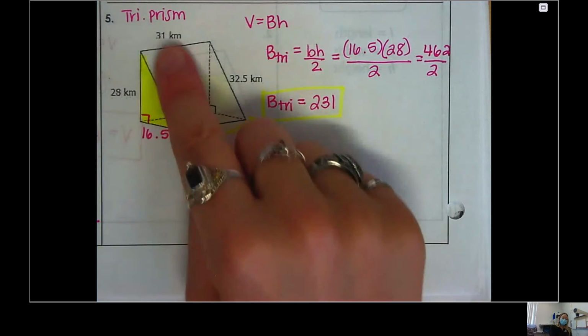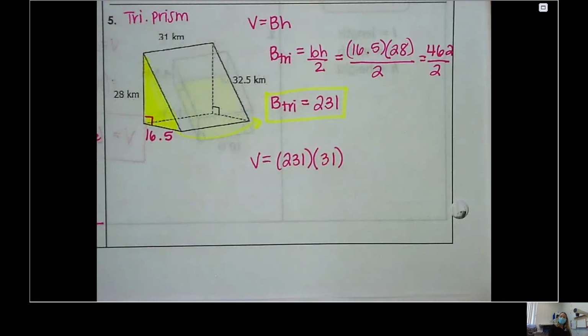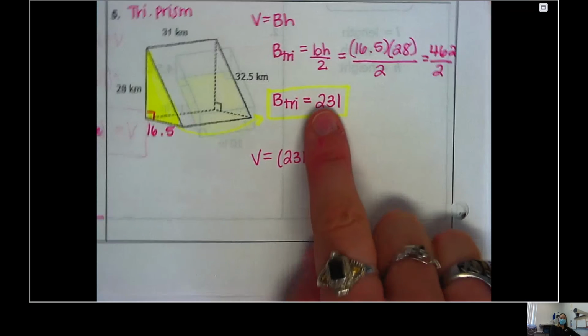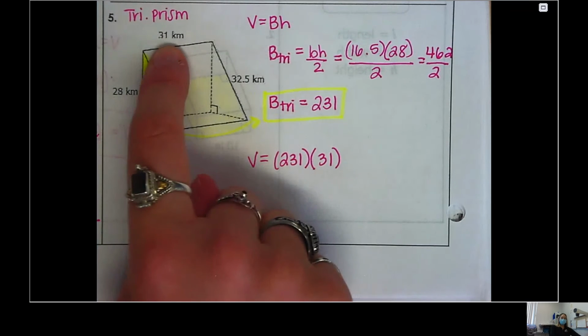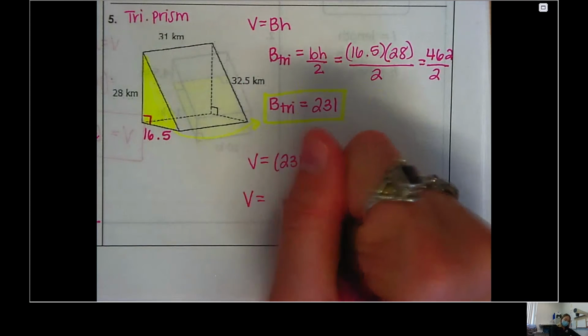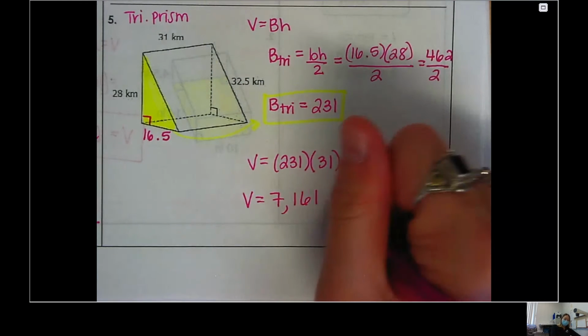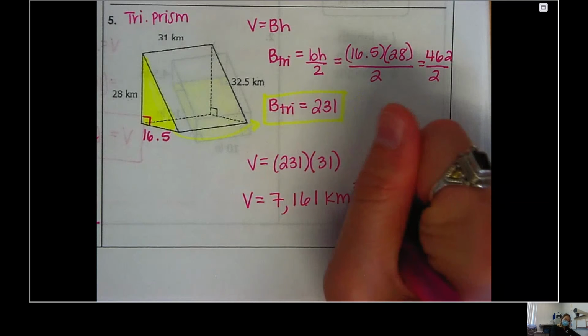So your height of the prism is 31. So to find the volume, I'm going to multiply 231 times 31. And so I get that my final volume is 7,161 kilometers cubed.